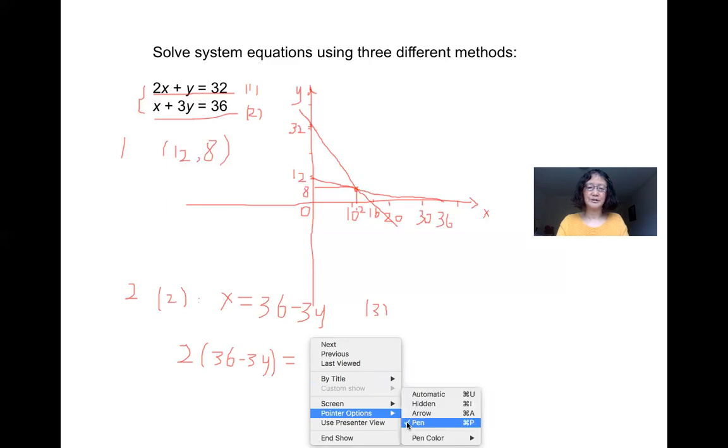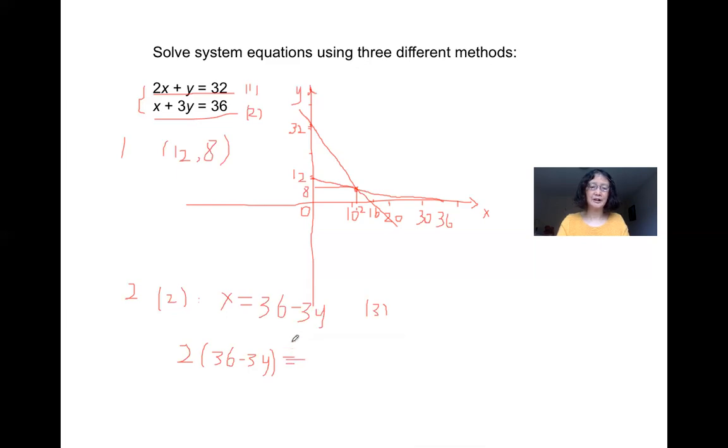So I have to change it. This should be plus. This is 2x plus y equal to 32.